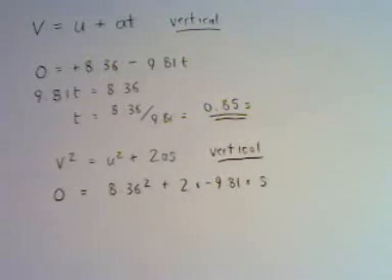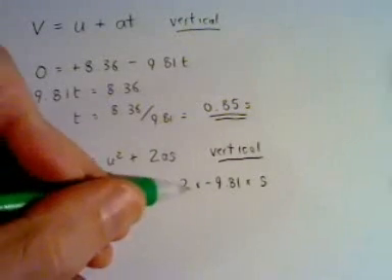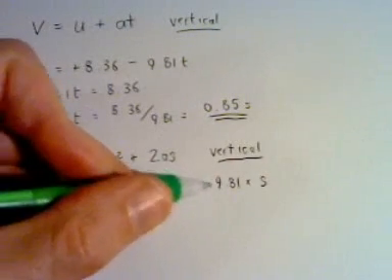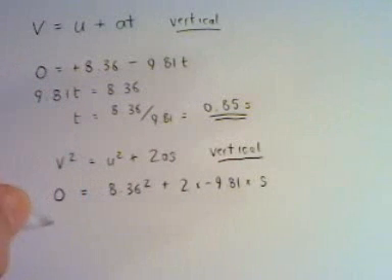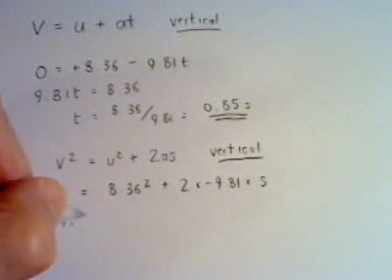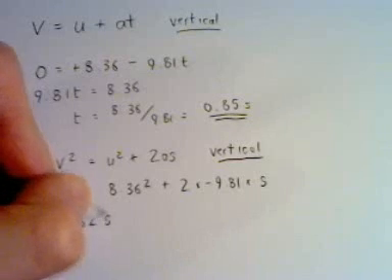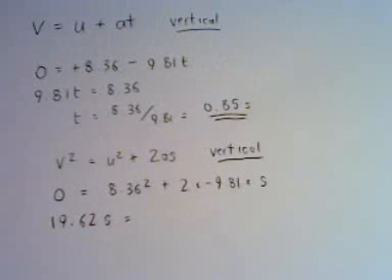So if we do 9.81 times 2, this is 19.62 with the minus. If we move that over to the left hand side of the equation, we've got 19.62 s equals 8.36 squared.